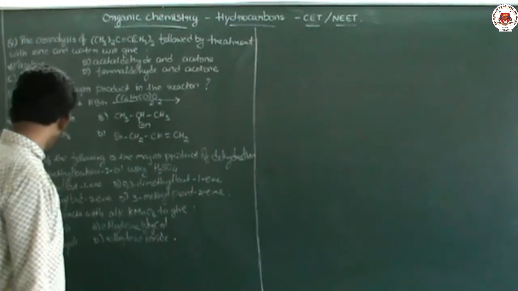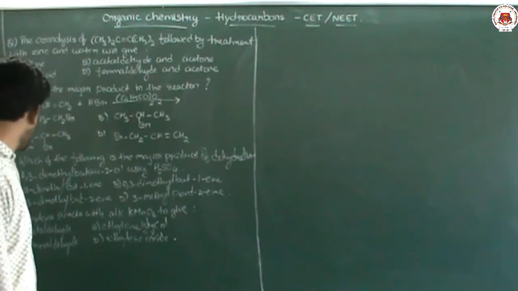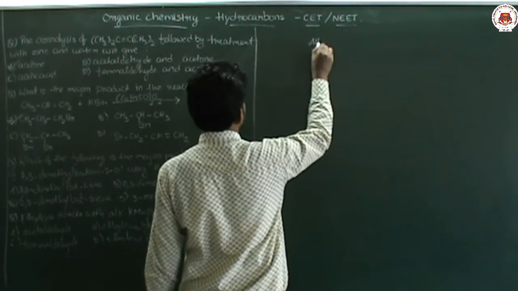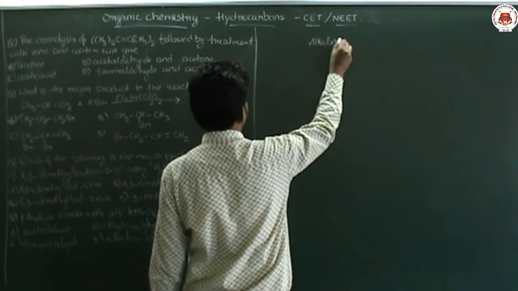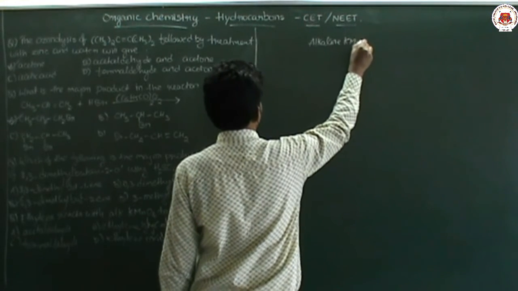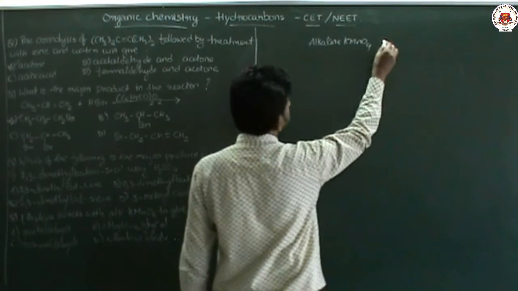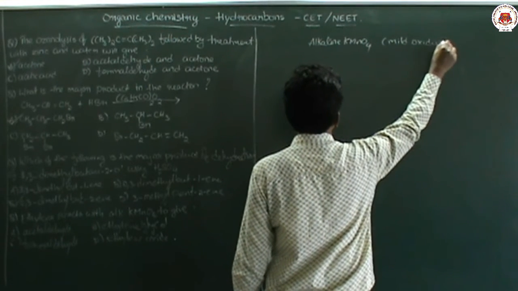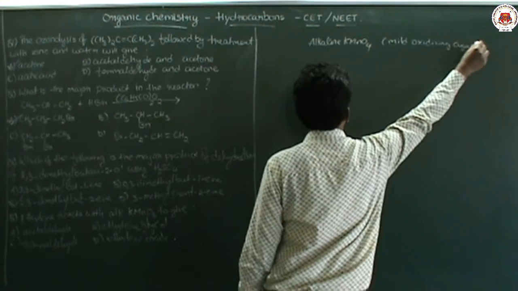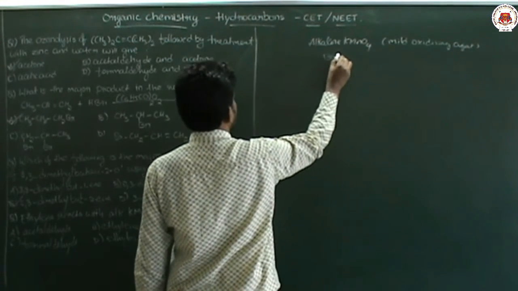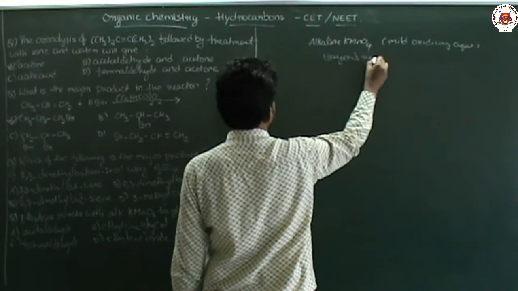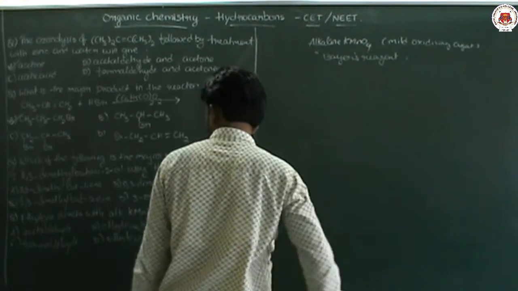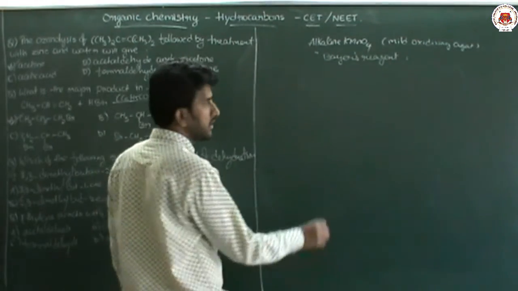Next question is, ethylene reacts with alkaline KMnO4 to give what? Alkaline KMnO4 is a mild oxidizing agent. It is also called Baeyer's reagent. To detect unsaturation, you can use Baeyer's reagent.